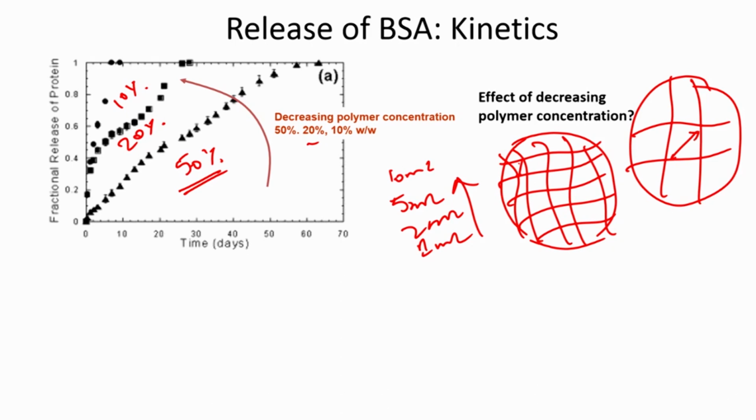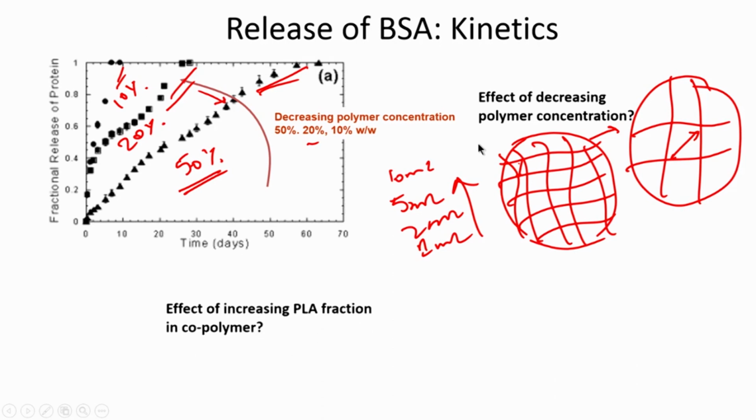That has been reflected in the release rate, because now that the pores have decreased, it is slowing down in this direction, whereas if you go in this direction, where you are decreasing the polymer concentration, then more and more BSA is coming out very rapidly. For this 50% gel, in this particular case for BSA, it took almost 50-60 days for all of the amount to come out, whereas as you are decreasing it, this changes to 20 days, or 10 days for 10%.